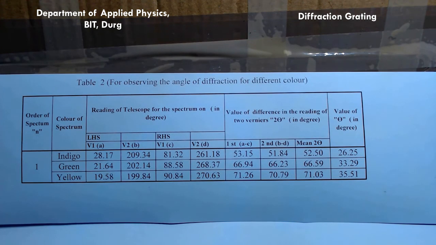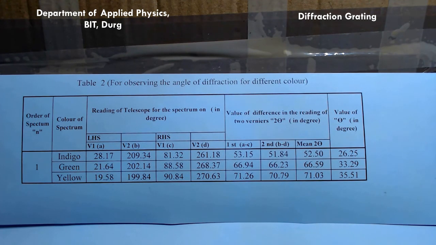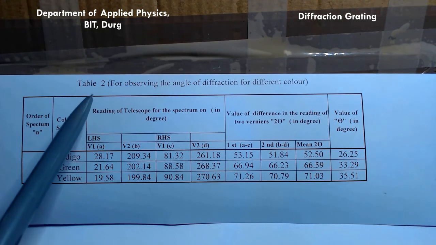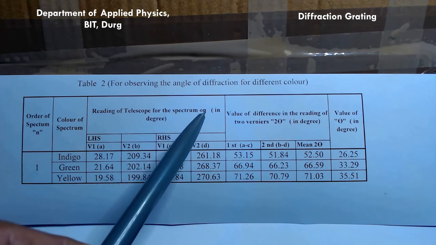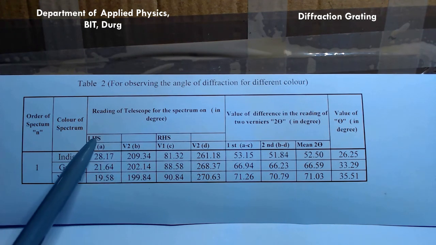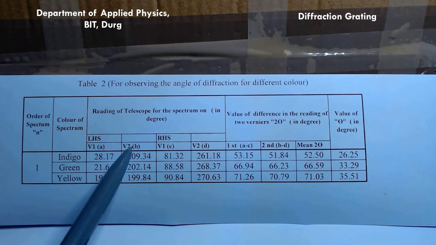As we have done the experiment for finding the value of deviation, angular positions of the different colors have been taken for indigo, green and yellow. For indigo, reading of the telescope of the spectrum on left hand side and right hand side. When we took the reading in the left hand side, we have taken the reading of first vernier and second vernier.